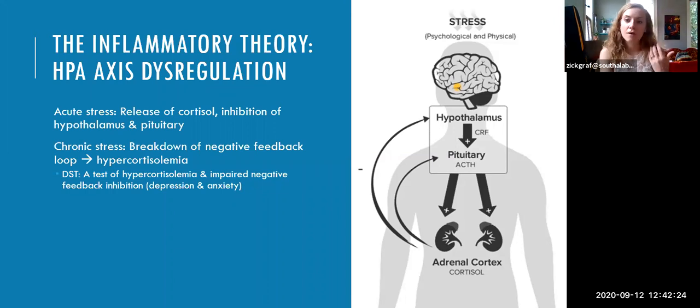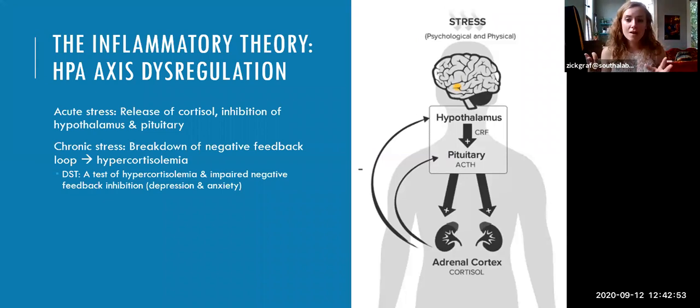So when someone has a functioning HPA axis and the receptors on their hypothalamus and pituitary are responding appropriately to corticosteroids, giving them exogenous dexamethasone should suppress cortisol production. So even if they're subsequently stressed, their cortisol production should be lower because dexamethasone is binding to their hypothalamus and pituitary and telling them to not release CRF and ACTH.